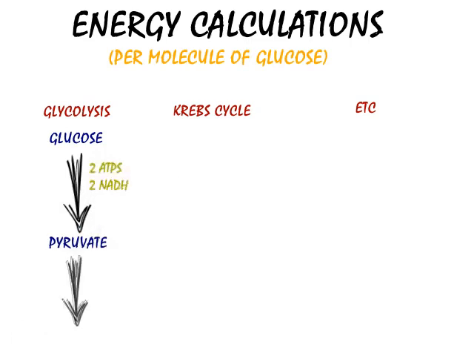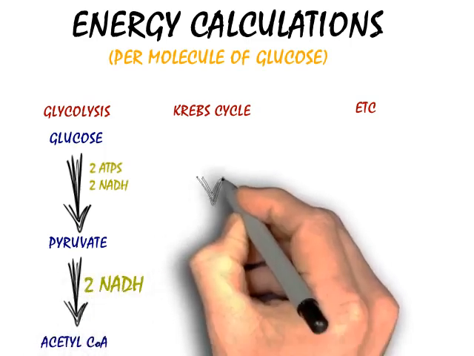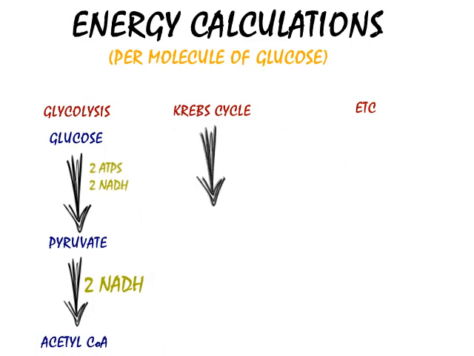When pyruvate gets converted into acetyl-CoA, it generates 2 molecules of NADH. And in the Krebs cycle, we get 2 molecules of GTP, which is equivalent to 2 molecules of ATP, 6 molecules of NADH and 2 molecules of FADH2.